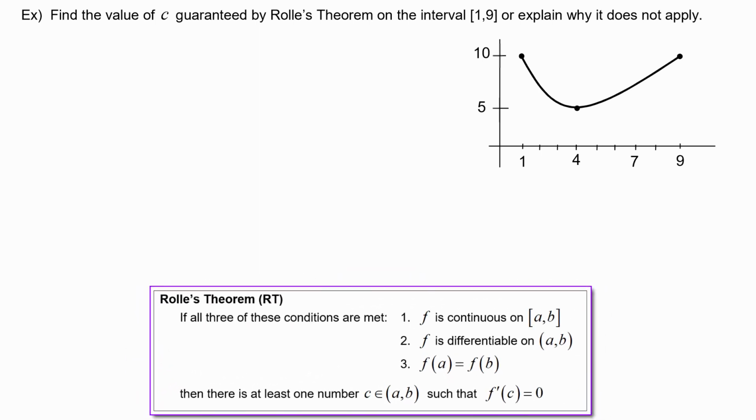So remember, we have to satisfy the three requirements in the hypothesis of Rolle's theorem. So first, we have to verify that f is continuous on the closed interval that we care about. Now on the interval from 1 to 9, we see that we can draw the entire graph without ever having to pick up our pencils.